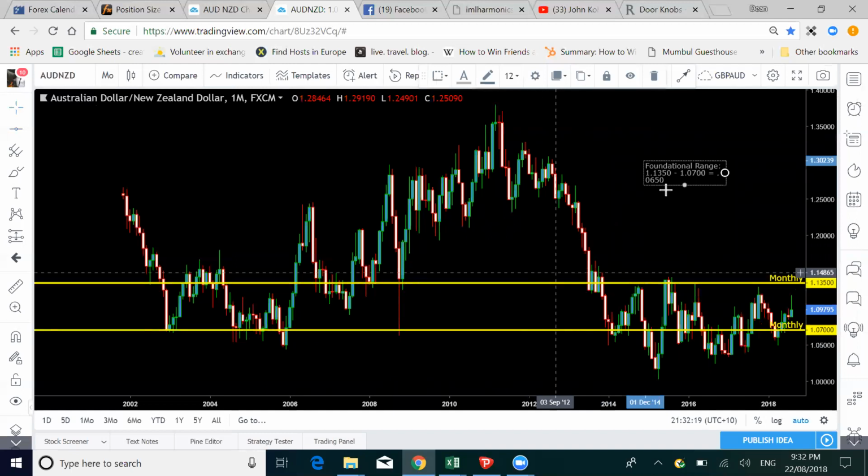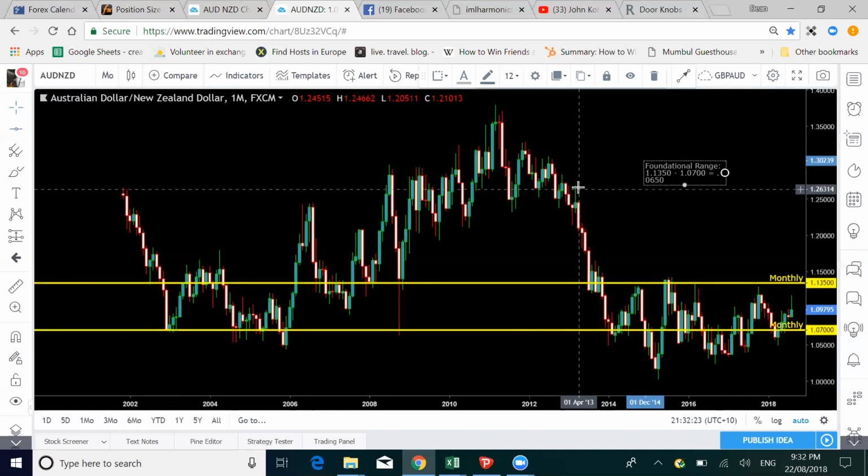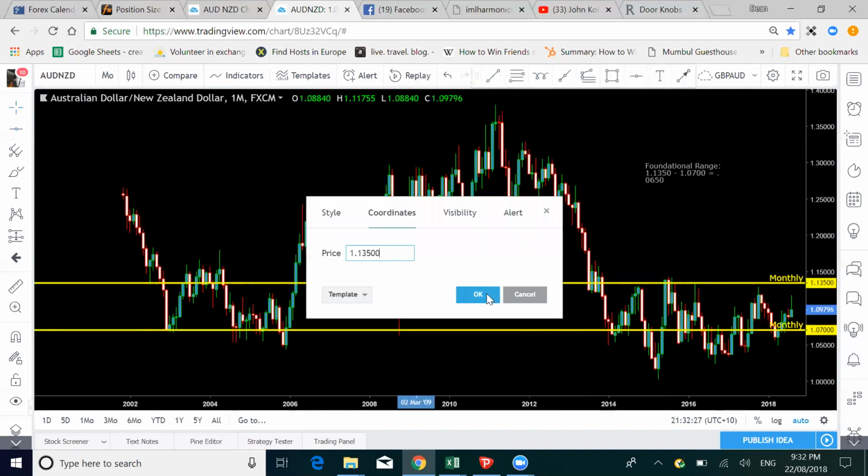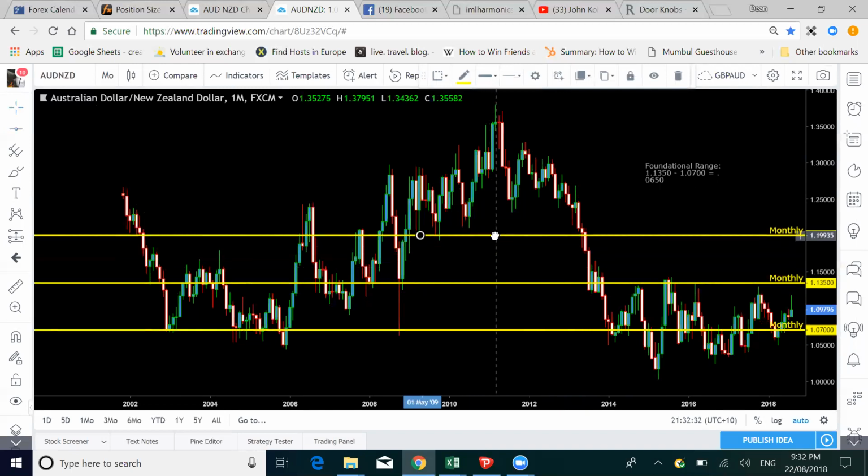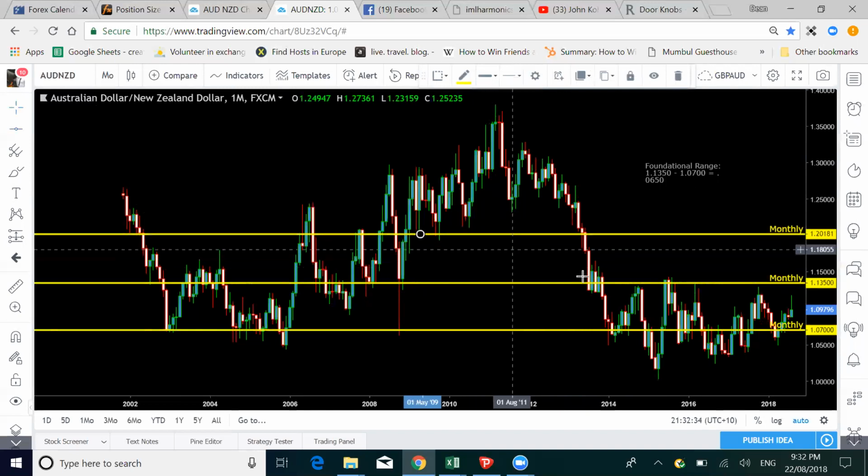Now, what we do is we take that foundational range and we use it to create more ranges along. So if we take this particular line and copy it and paste it, we now want to move it 650 pips away.